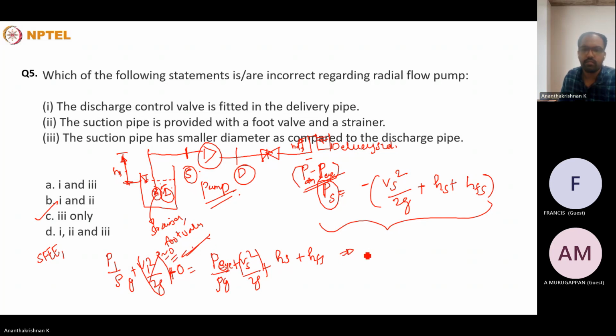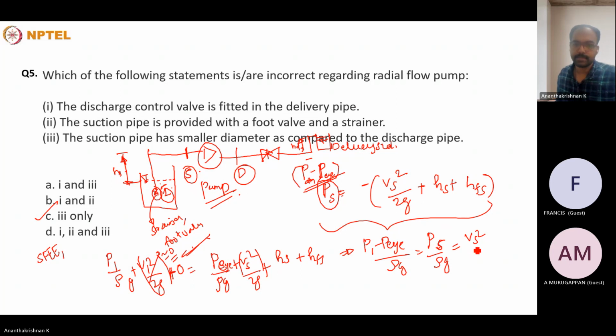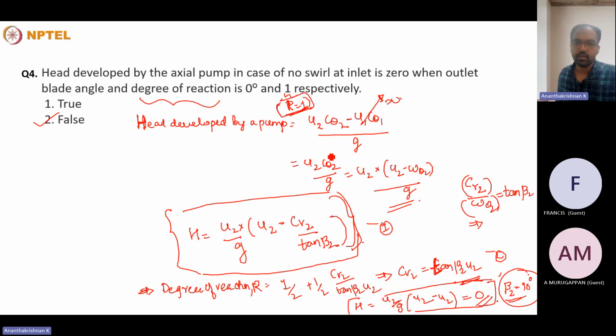We can write P1 minus Pi divided by rho g as the suction pressure PS divided by specific weight rho g, actually the other way around.